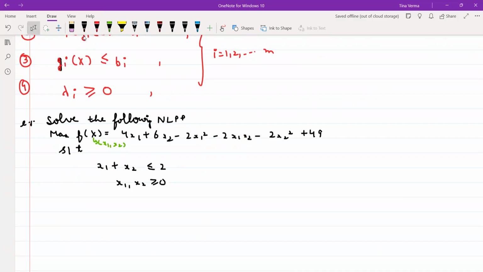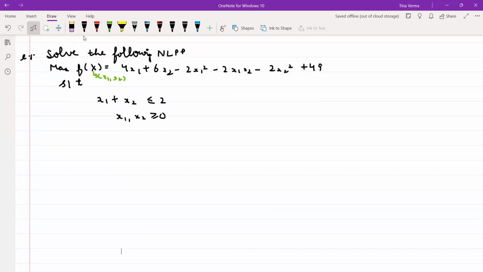Firstly, whenever we have to apply the KKT condition, my programming problem should be convex. You can see this constraint is linear, a closed half space, that means the set is convex. You can also check this function.